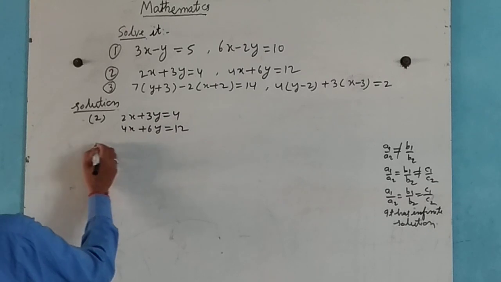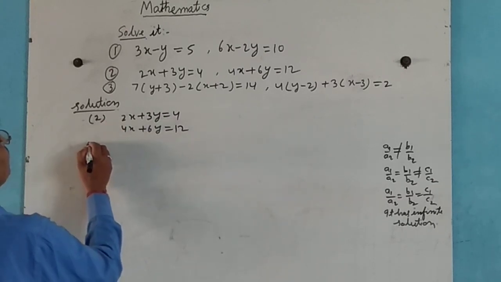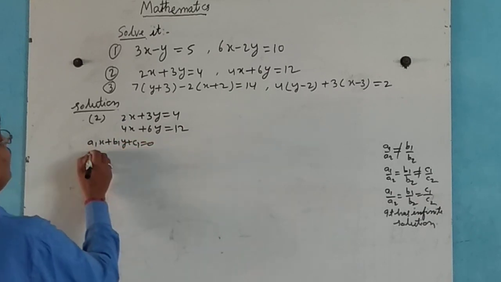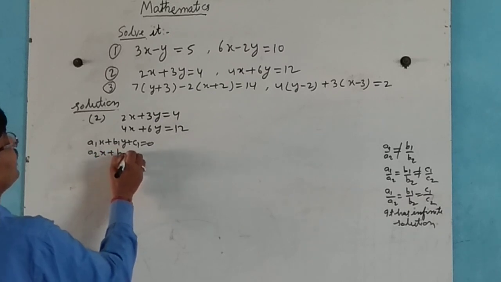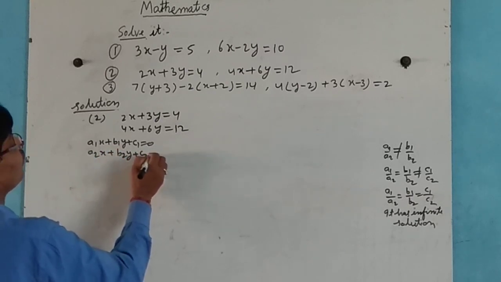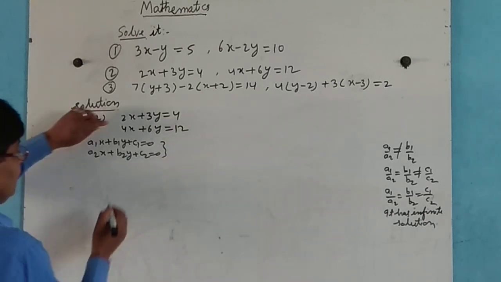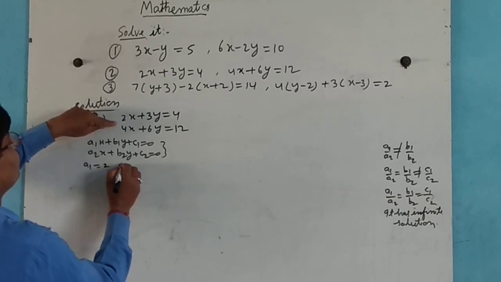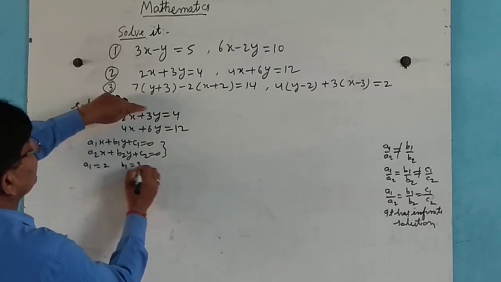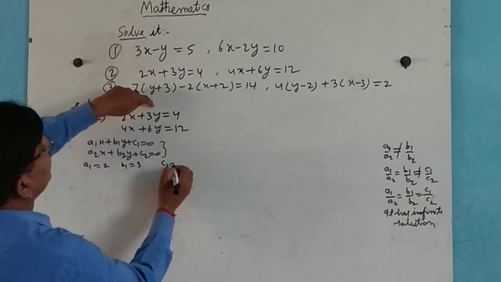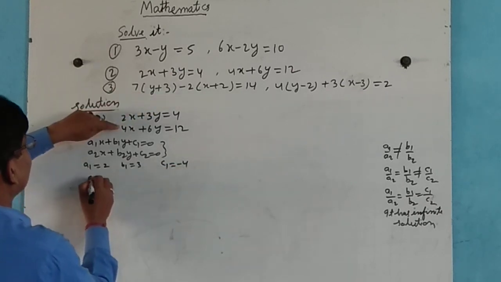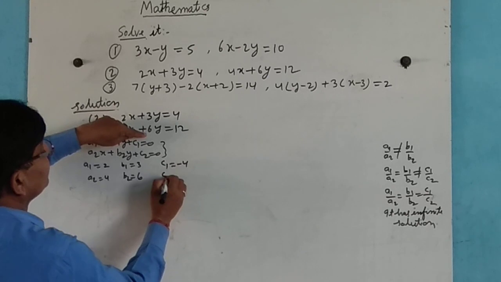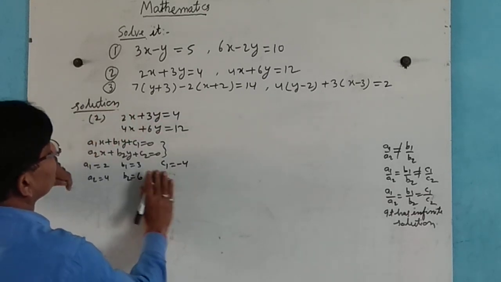Comparing with a1x plus b1y plus c1 equal to 0 and a2x plus b2y plus c2 equal to 0, here a1 equal to 2, b1 equal to 3, c1 equal to -4 (changing the side), a2 equal to 4, b2 equal to 6, c2 equal to -12.